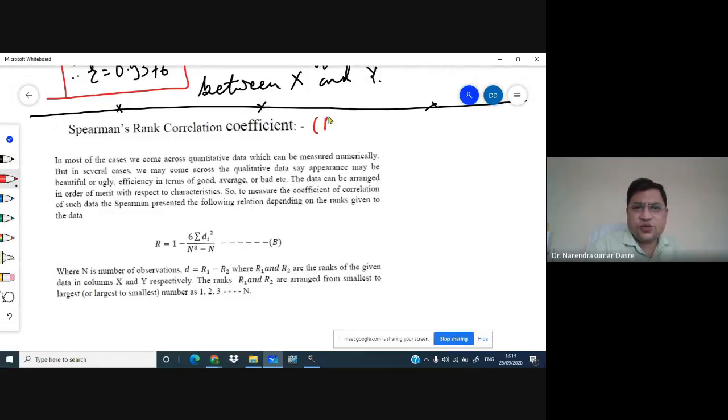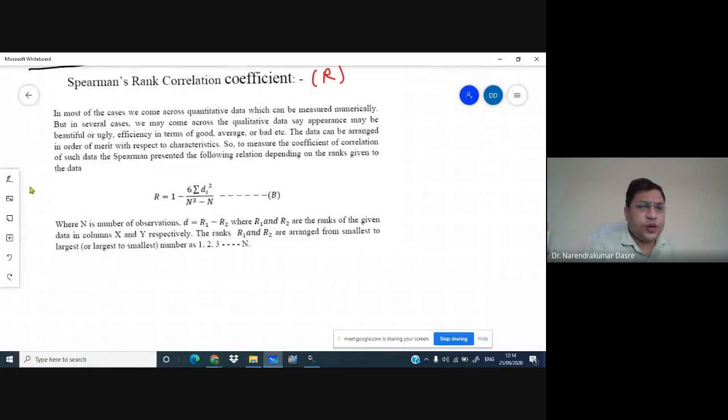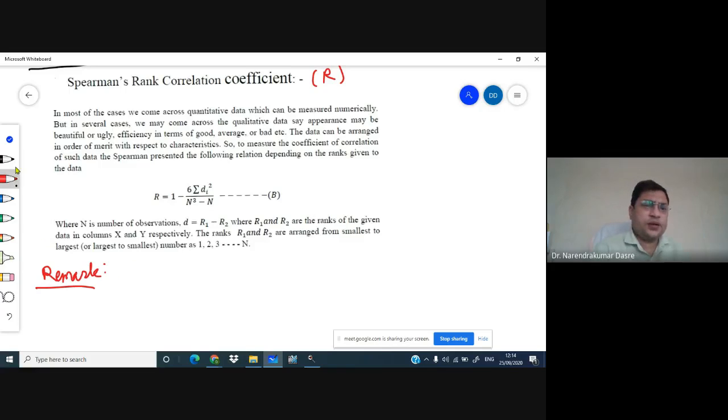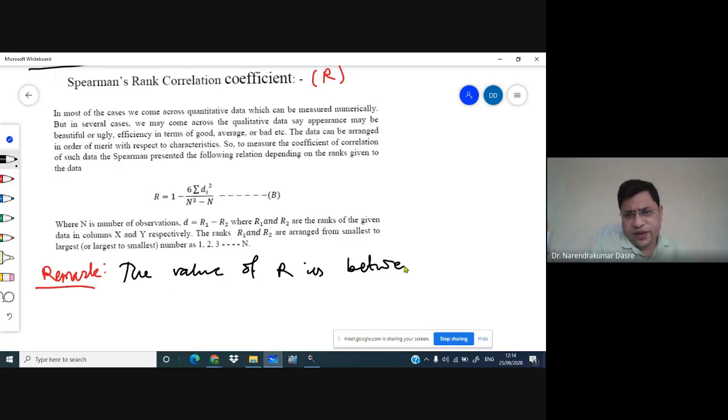And we have seen that this is going to be the capital R. So we denote it by capital R. And then what we know is we know about the value of this capital R. So the value of this Spearman's rank correlation coefficient, the value of R is between -1 and 1.